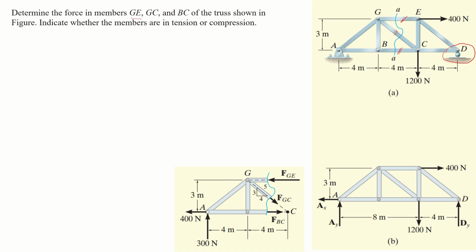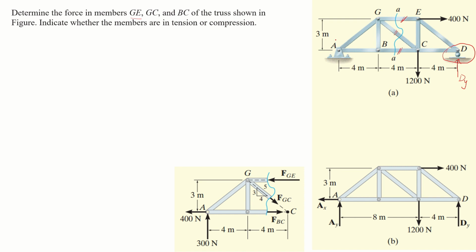At the roller support, there is only one reaction. This roller can prevent the motion in vertical direction only, so there will be only one reaction force, which is the vertical component DY.